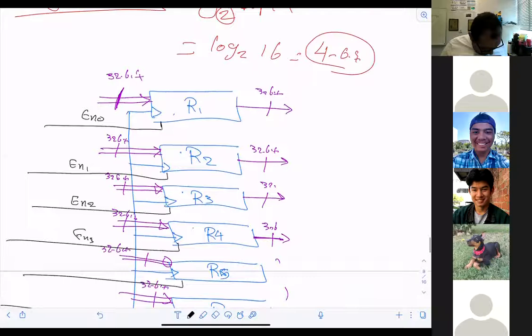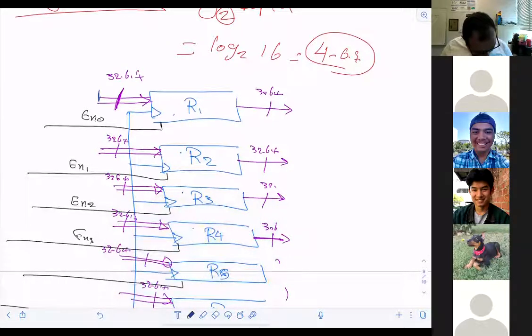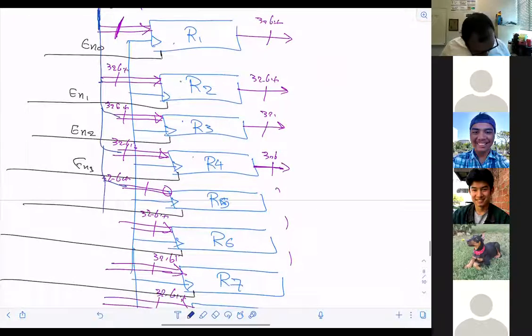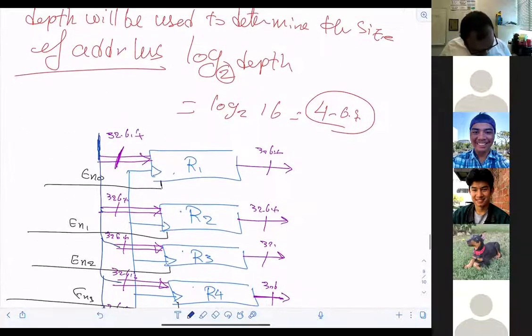So in that case, I can go ahead and make a common wire like this, saying those are connected to each other. That would be our data in, and it's 32-bit.